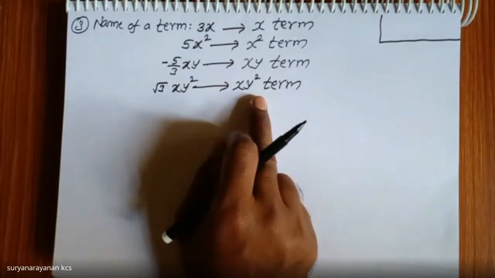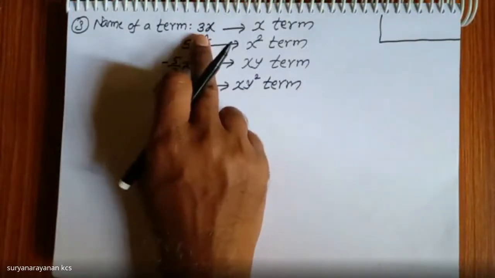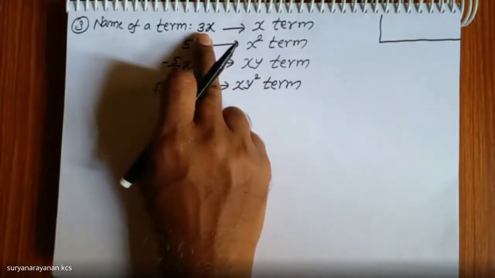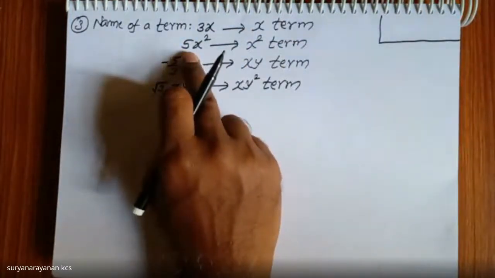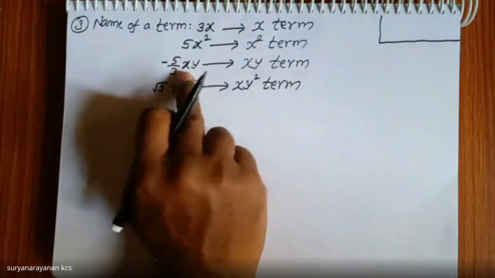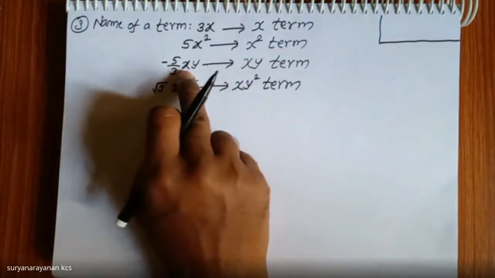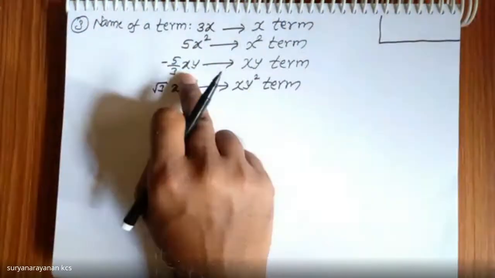How to call a term, how is this term called? X term. What is this term called? X square term. I will ask you later when we are discussing polynomials. I will ask you what this term is called.